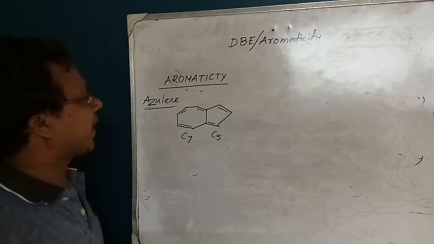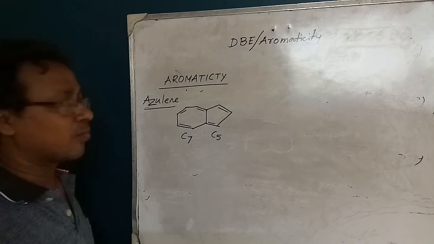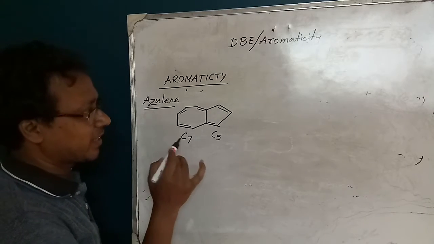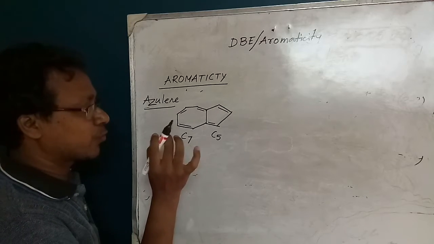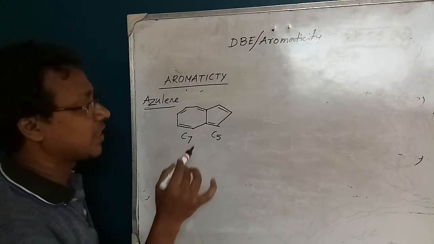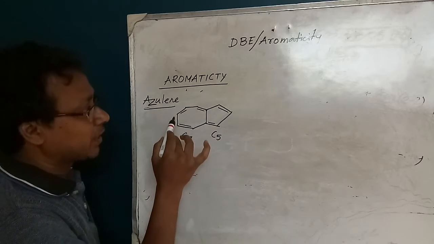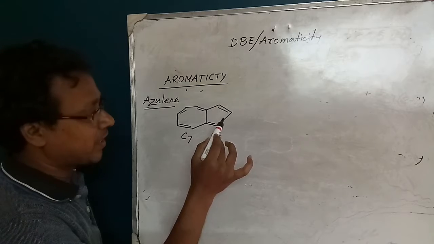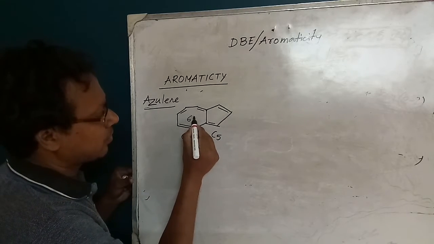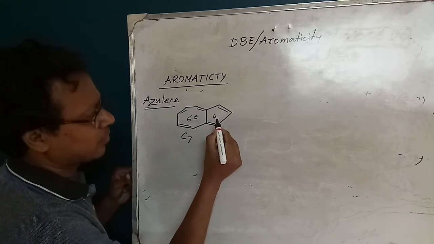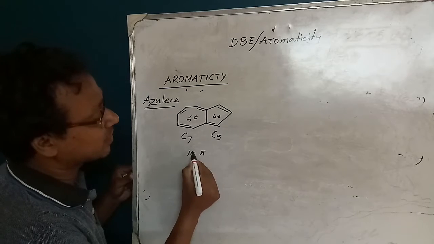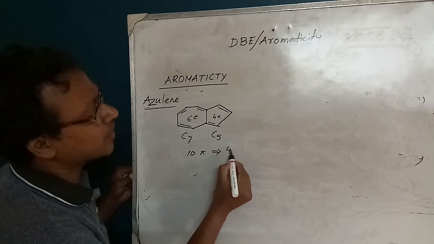Now come to another interesting compound, azulene, which has two rings attached to each other. One is a C7 ring and the other is a C5 ring attached to each other. If you calculate the total pi electrons, here it is 6 pi electrons and here it is 4 pi electrons. So in total there are 10 pi electrons, which obey 4n plus 2.